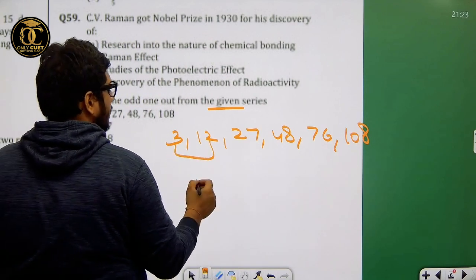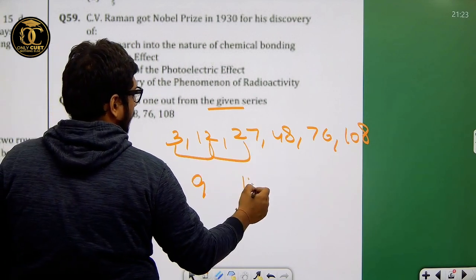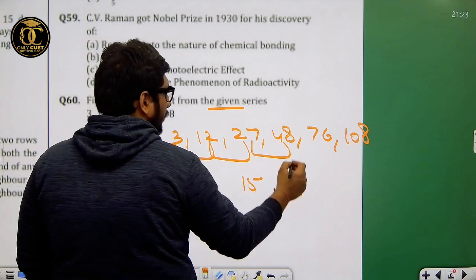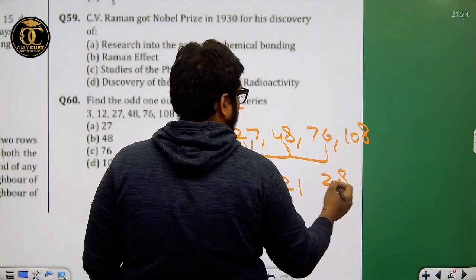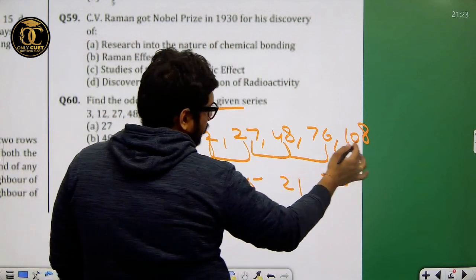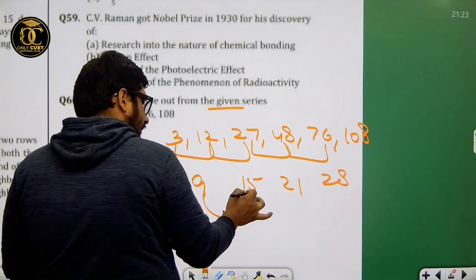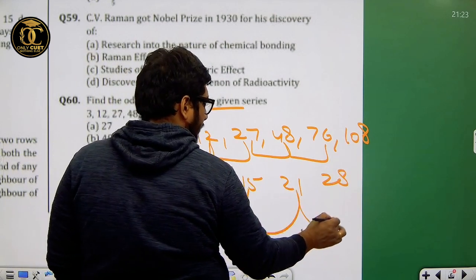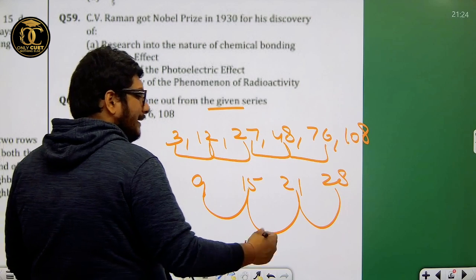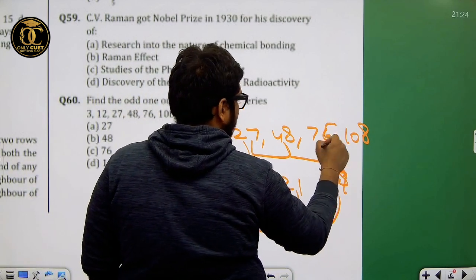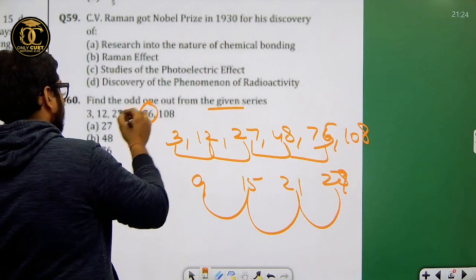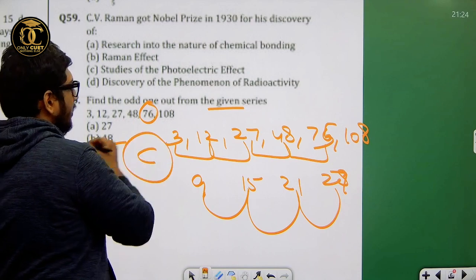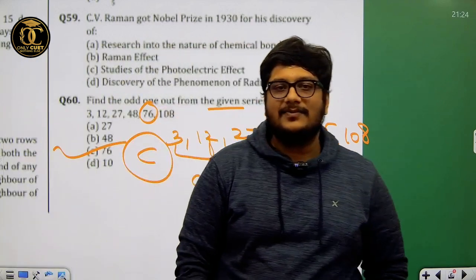Difference of these two is 9, 15, 21, 28. But see, here the difference is 6, here the difference is 6, but here it turns out to be 7. To make it 6, it should be 75. So 76 is the incorrect term. So option C is the correct because that is the incorrect term in the sequence.